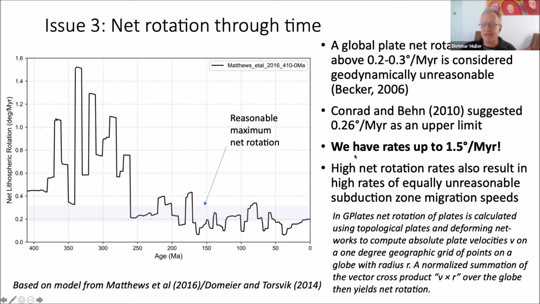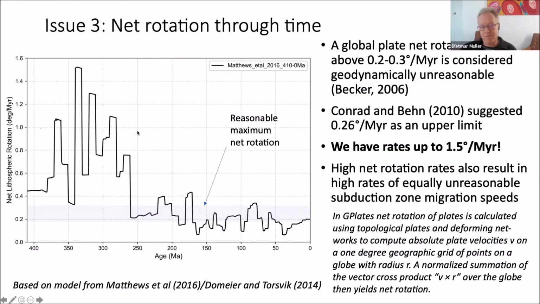So in contrast, in the model that I've just shown, which is generally not so badly behaved in post-Pangea times, when we have many more constraints than at earlier times, of course, you see the net rotation goes crazy at earlier times. So we have rates of up to 1.5 degrees per million years, right?